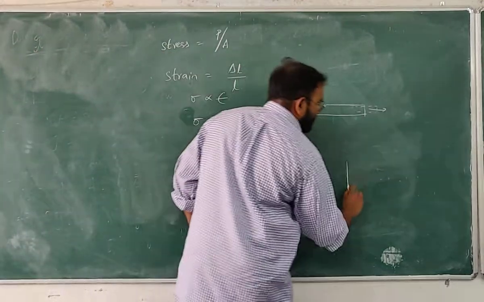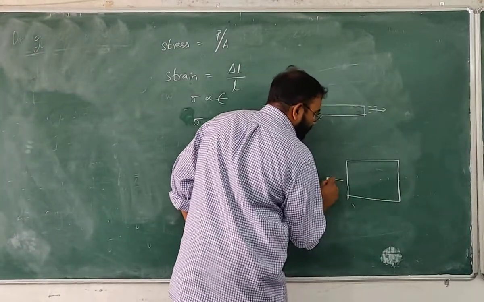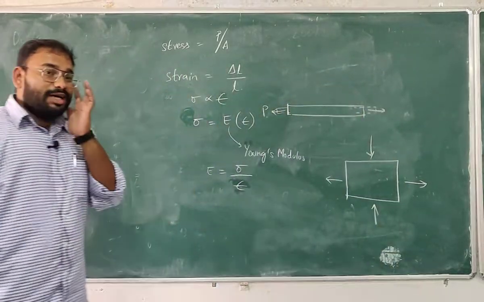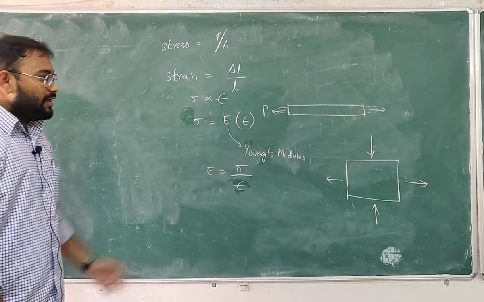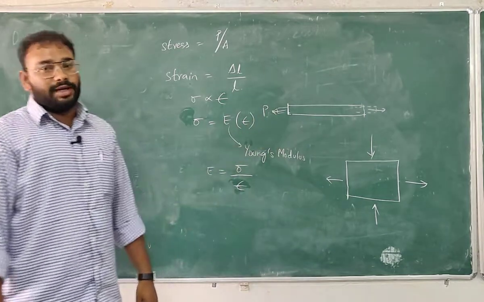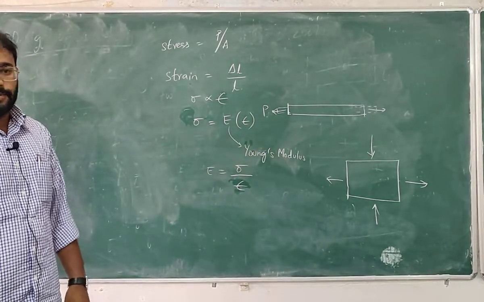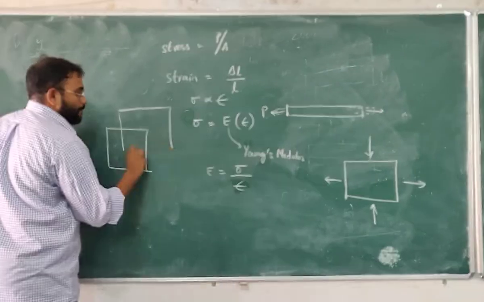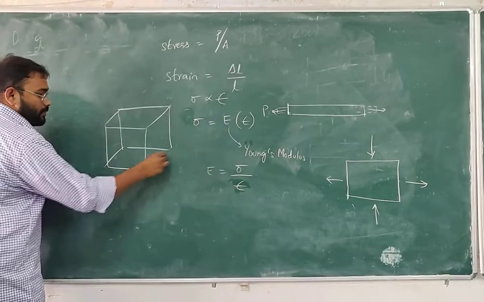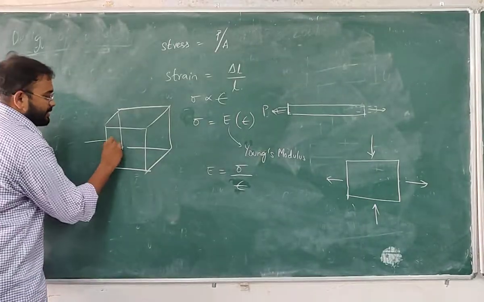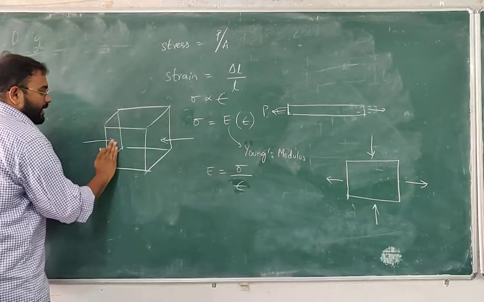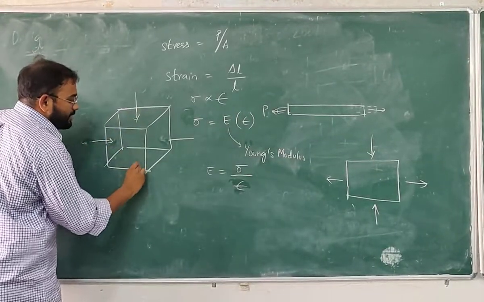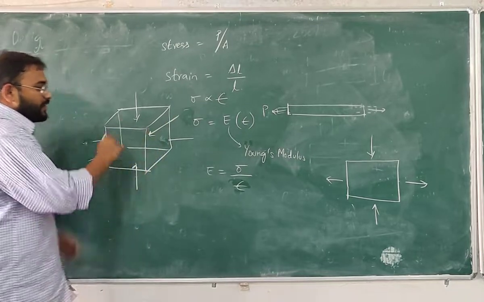Suppose I have a body which is subjected to axial pull and compression like this. Both are occurring simultaneously, so you have multi-dimensional stresses developing in this. Two-dimensional stresses are there. Similarly, if you have a cube which is subjected to axial pull or axial compression in all the directions, in x, y and z direction.